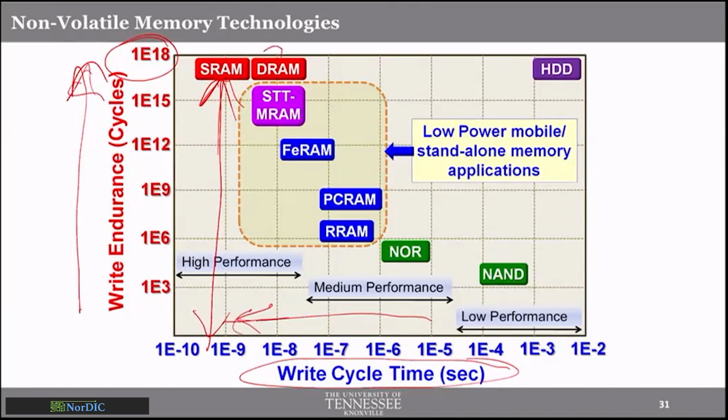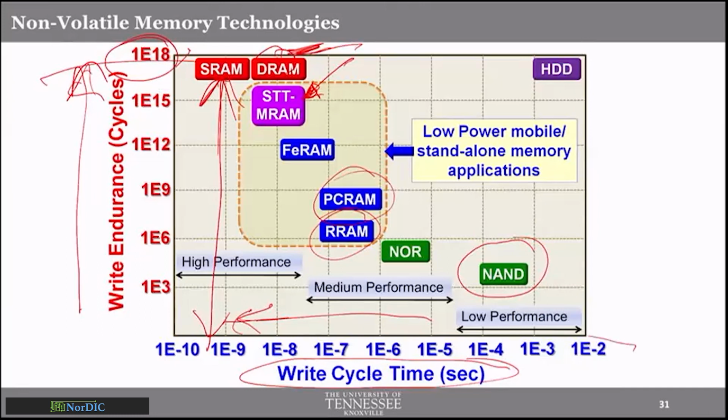But when it comes to, say, dynamic RAM, it's almost the same in terms of endurance, and almost close in terms of write cycle. But DRAMs have other problems, as you know, right? Destructive read and whatnot. And there are other memories like flash memories, resistive RAM, and phase change memory. And you see this tiny STTM RAM showing up here. It looks like the STTM RAM is gradually approaching the capabilities of SRAM and DRAM. It's not yet there, by the way.